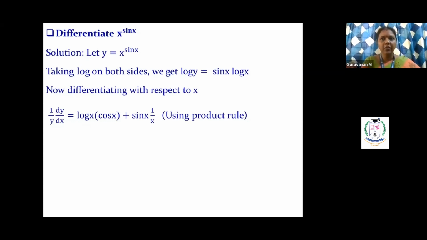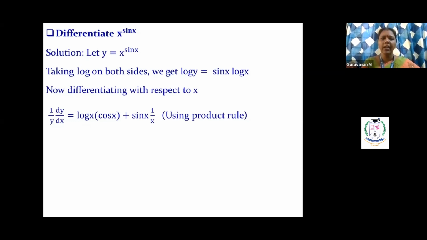Log y is the dependent variable, so log y derivative is 1 by y dy by dx. And then we have applied the product rule. Log x as it is, differential of sin x is cos x. Sin x as it is, differential of log x is 1 by x.